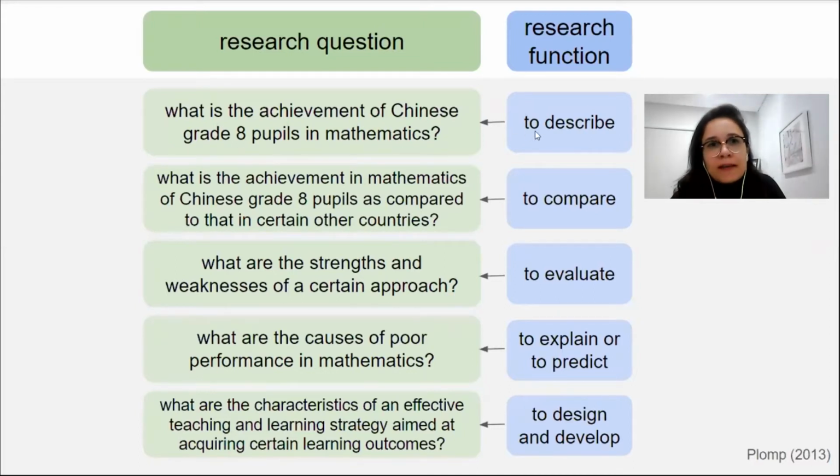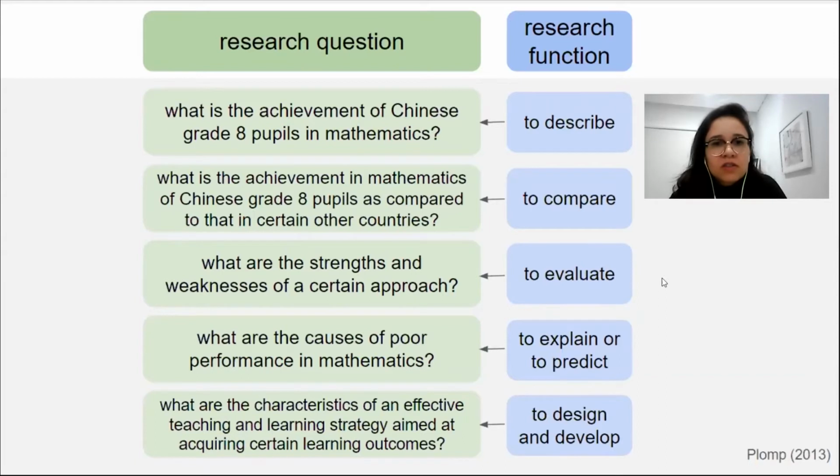For example, we have this first question: what is the achievement of Chinese grade 8 pupils in mathematics? The function here is to describe. Then we have: what is the achievement in mathematics of Chinese grade 8 pupils as compared to that in certain other countries? Here, the main function is to compare. We have: what are the strengths and weaknesses of a certain approach, to evaluate.